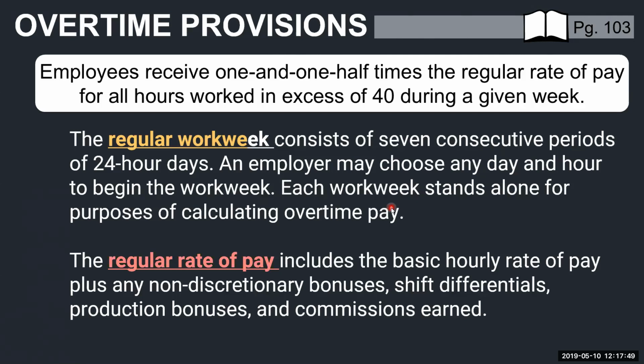Something to keep in mind, because you could see a tricky question that tries to describe a calendar, and you almost want to map out a calendar, mind map it, and measure what these 7 consecutive 24-hour periods are.